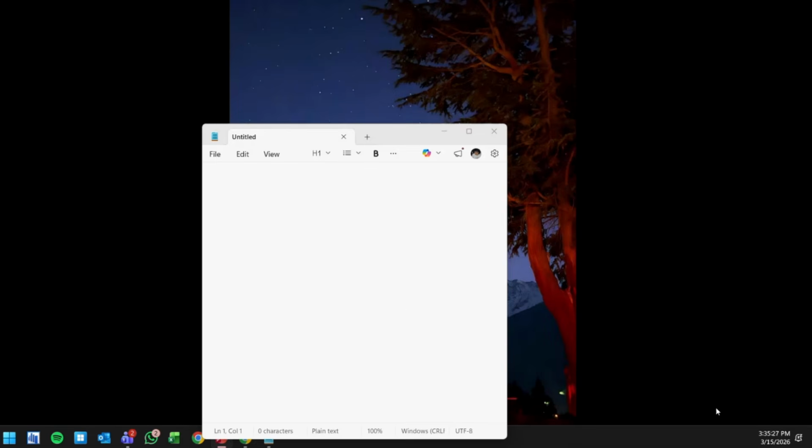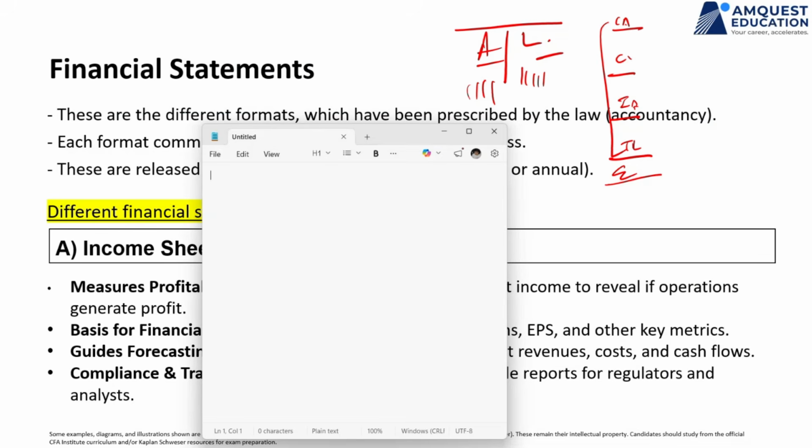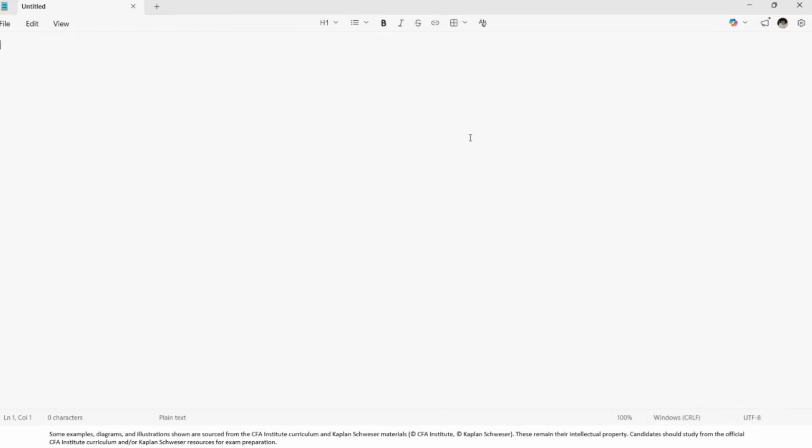Where is the presentation gone? Here is the presentation, and here is a small notepad for you. Okay. So how would the income statement look like? An income statement will always start from what is called revenue, or this is also referred to as sales.